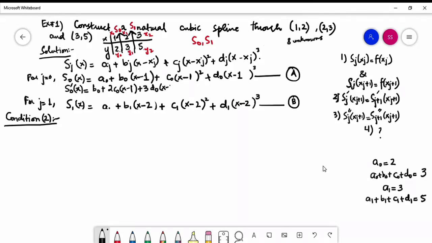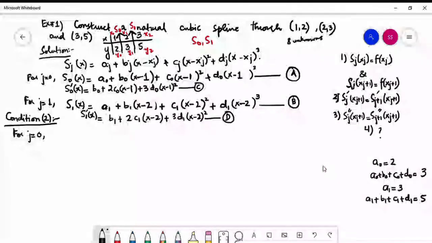And also S1 dash of x equals A1 is 0 plus B1, B1 is simple, plus 2c1 (x minus 2) plus 3d1 (x minus 2) square. So we will say this is equation C and this is equation D. We can use these here for condition 2.